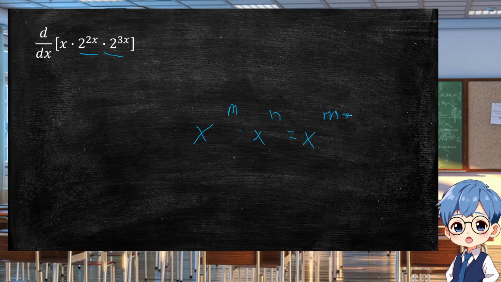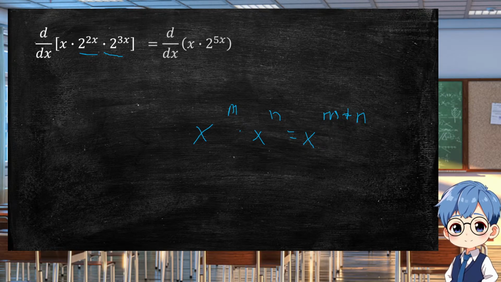So meaning we can add 2x and 3x since they have the same base. So that's why, we cannot apply product rule first here, right? Because we have 3. We can only use product rule if we have 2 factors. So that's why we need to combine.